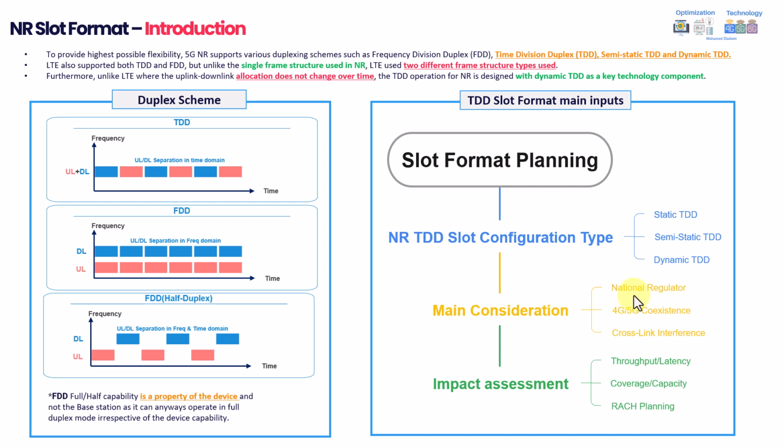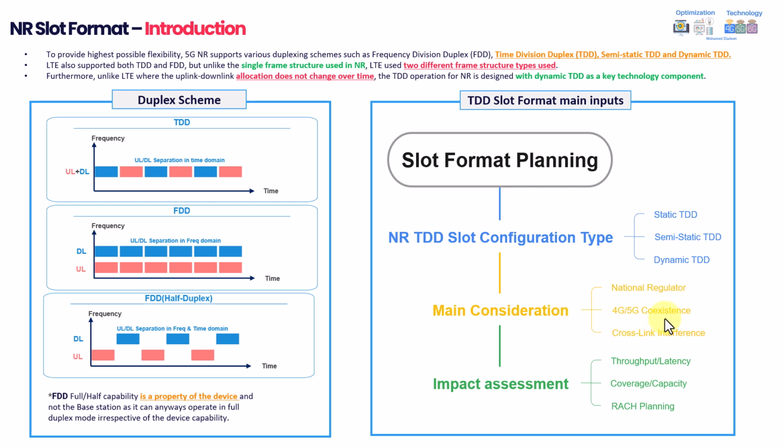If any national regulator has a specific request, and this might come whenever you have a close boundary with neighbor countries, they might try to align the indicated slot format planning between the different countries, operators, and vendors. This is especially so if you're using the same frequency. This must be done because, again, if it's not aligned, it might cause cross-link interference, which we're going to discuss.